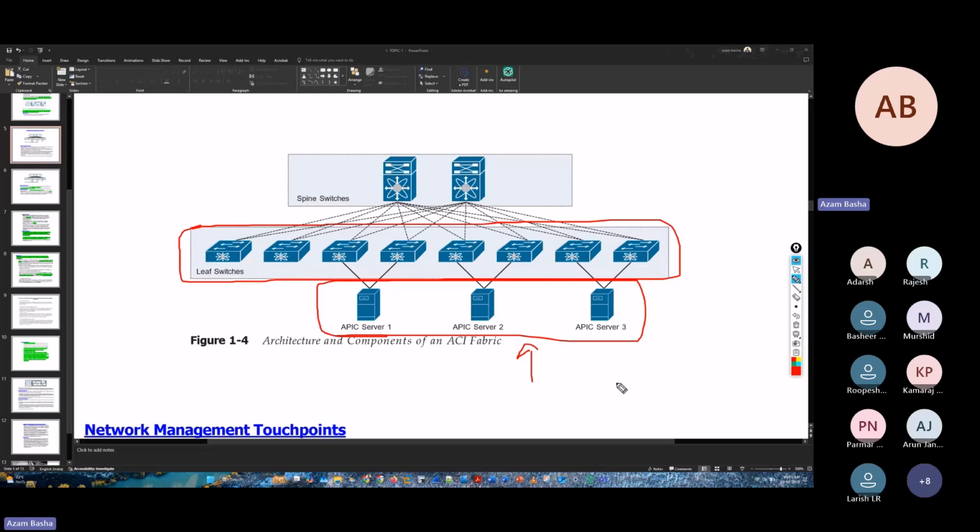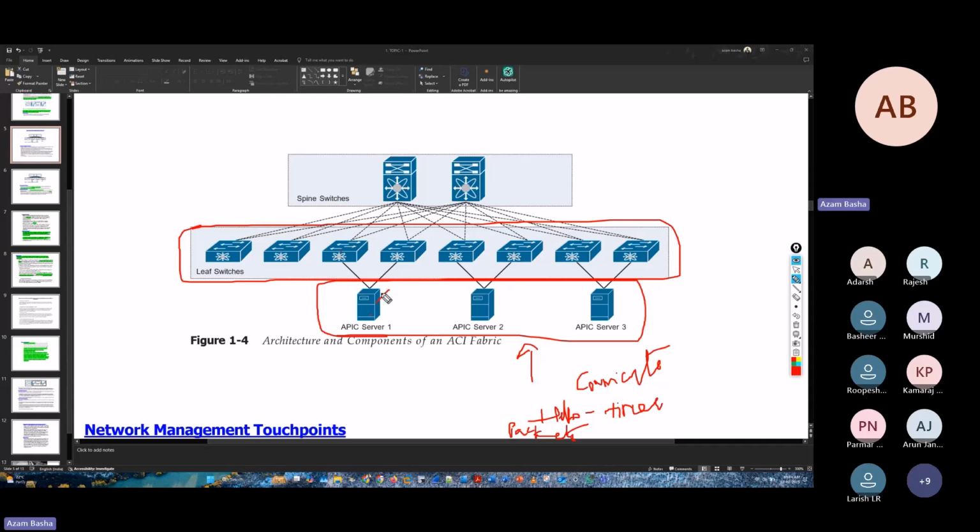Just to answer you, Kamraj: the Epics and leaves communicate with each other on regular timers. You can call those timers hello packets. The Epics will be communicating with the leaves continuously.